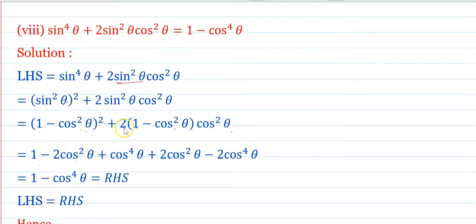Next, 2 into (1 minus cos square theta) into cos square theta means what? इथे multiplication करणार, 2 into 1 you will get 2 minus 2 cos square theta, that is a cos square theta into 2 you will get 2 cos square theta.